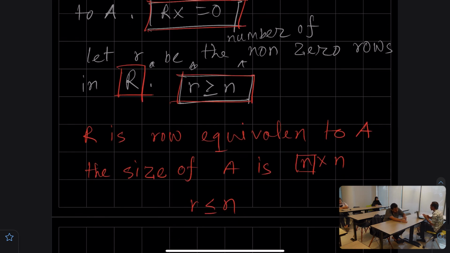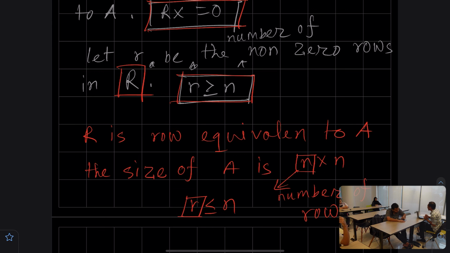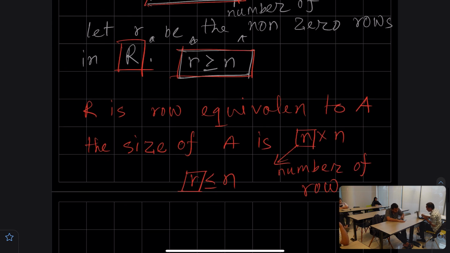Because R is row equivalent to A, R is the same size as the matrix A, and R has a total of r non-zero rows, so r has to be less than or equal to the number of rows.